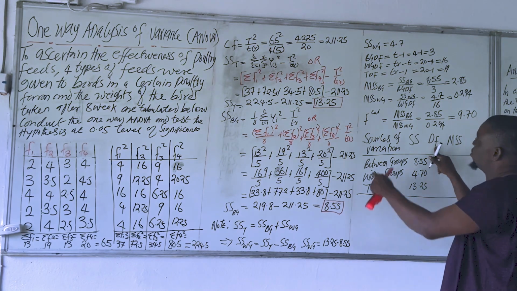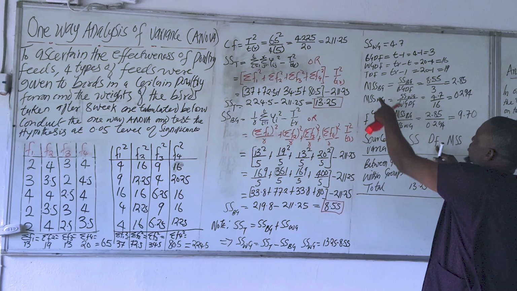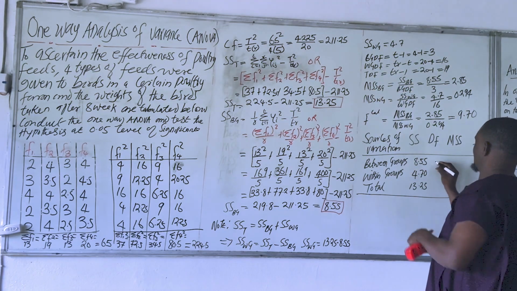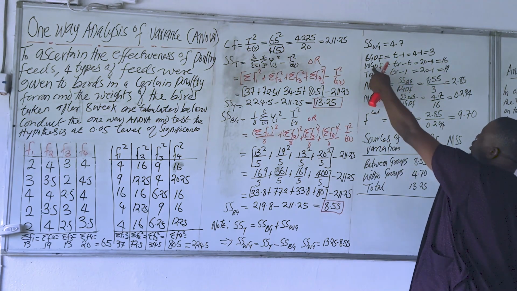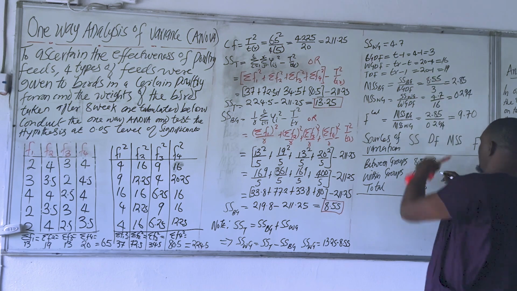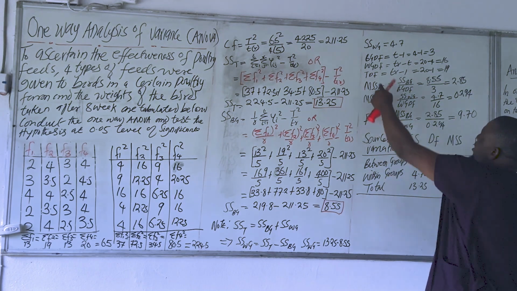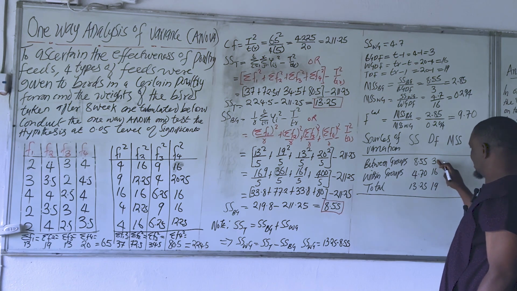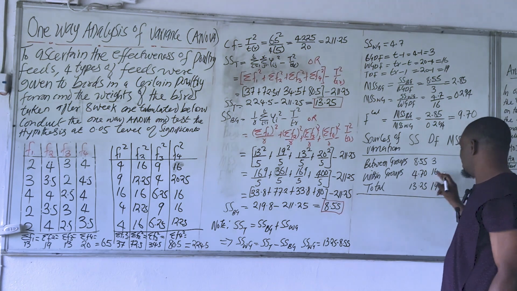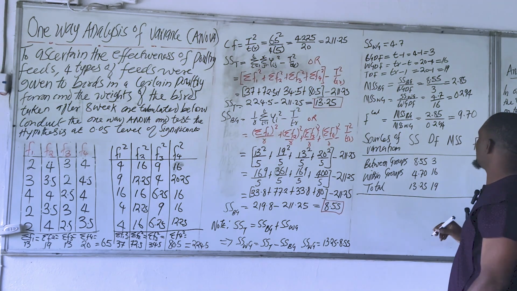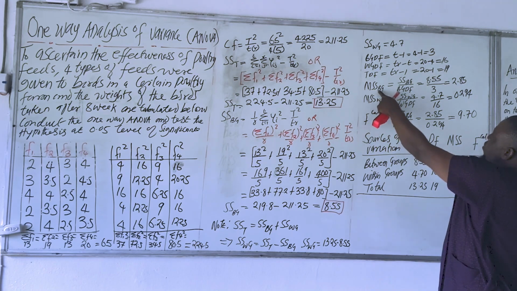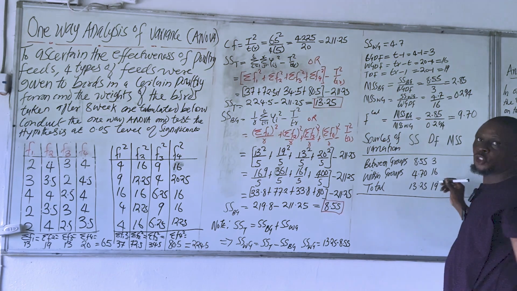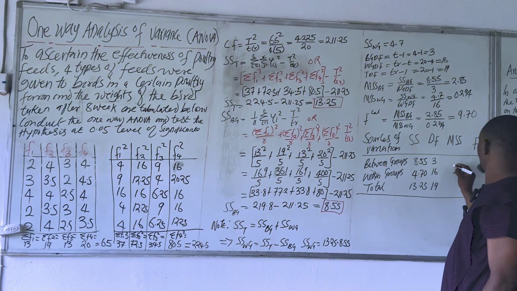Now the degree of freedom. Between group degree of freedom, we calculated as 3. Within group degree of freedom, we calculated as 16. And then the total degree of freedom we calculated as 19. I'm sure if you add 3 and 16, you'll see that it's also 19. Now the mean sum of square. Mean sum of square between group we calculated as 2.85.